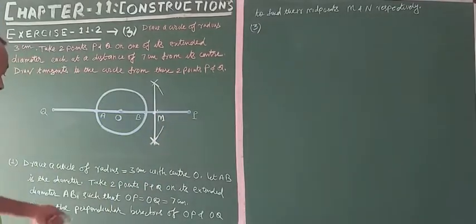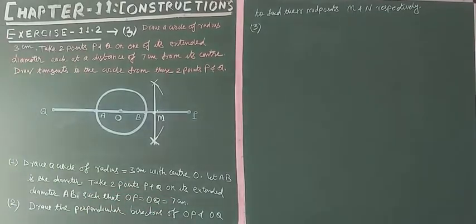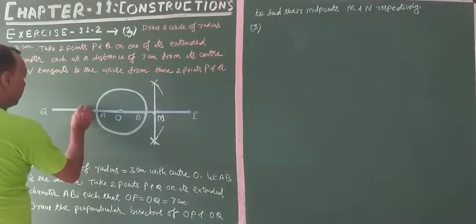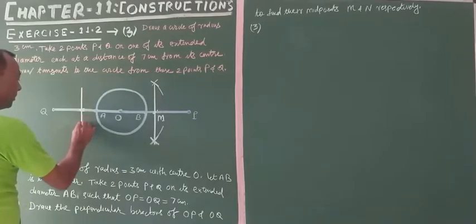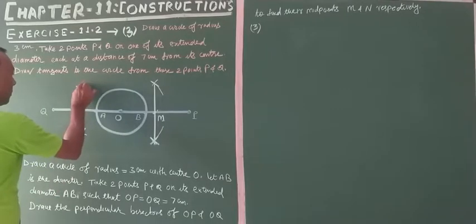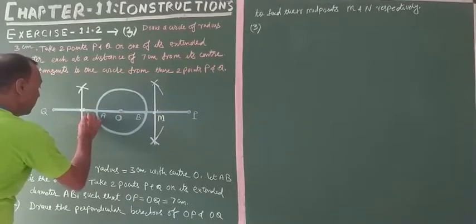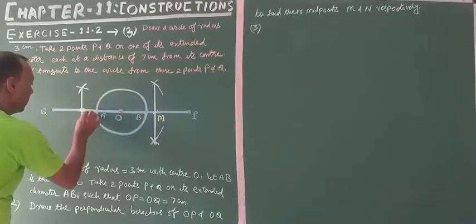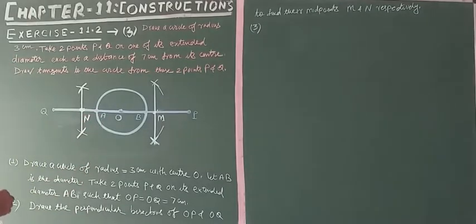And again, perpendicular bisectors of OP and OQ. Same way, we will draw the perpendicular bisector of this to find the midpoint N. So what is the next step?